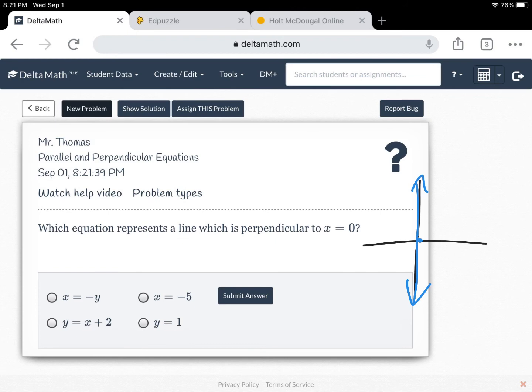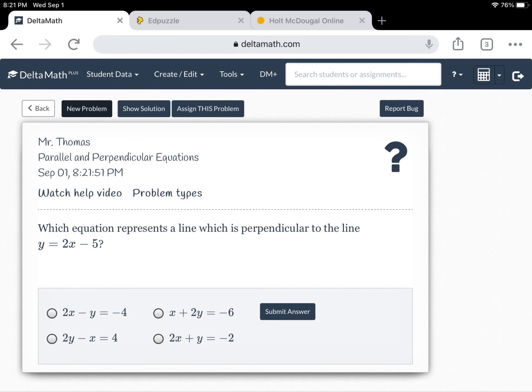In this case, that does not pass the vertical line test. Okay, it's not a function. A function must be in the form y equals, this is x equals, we talked about all that in class. So what would be perpendicular to that? Well, perpendicular would be a horizontal line of some sort. Okay, a horizontal line is y equals a number. So in this case, that would be this one.